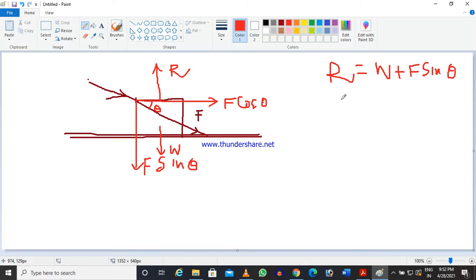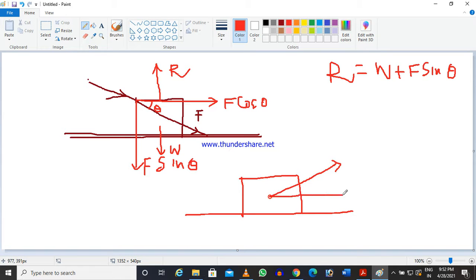Now we will consider the second case. The block is here, this is the earth surface and this is the block. Now somebody is trying to pull it. This is my horizontal component and this is my vertical component. The force is the same, F. This is case 1, this is case 2.